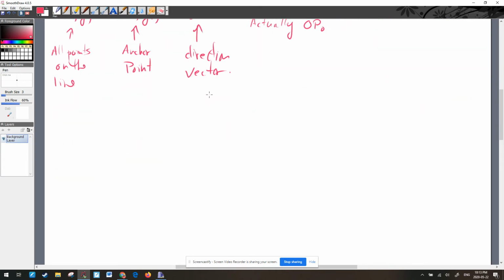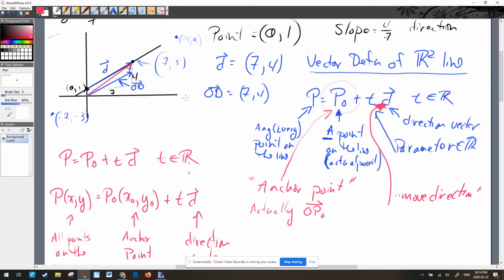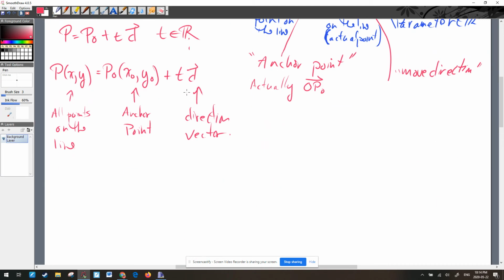Awesome. Now, on we go. Okay, so that is the vector definition of a line. So carefully, that's actually the vector format or definition.